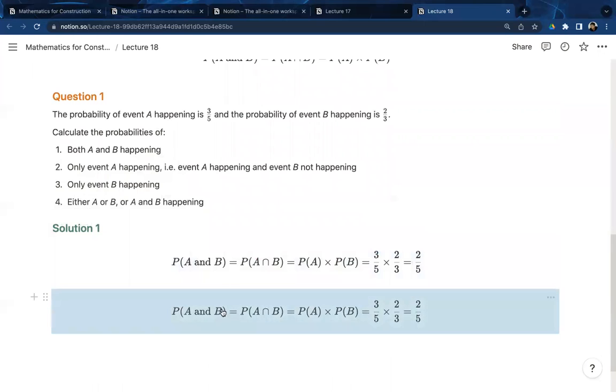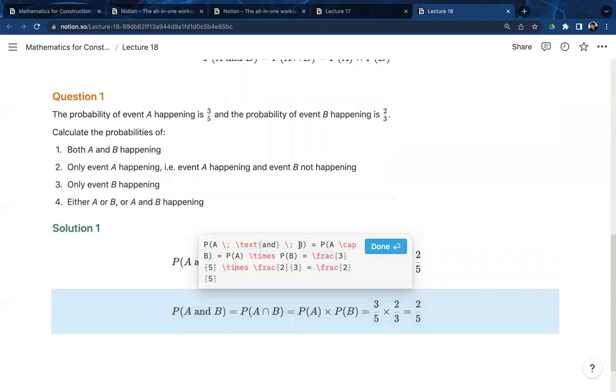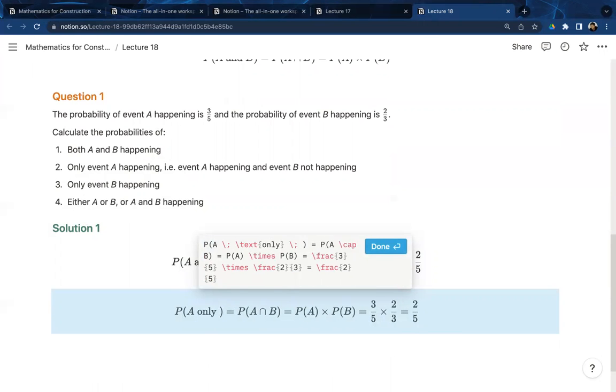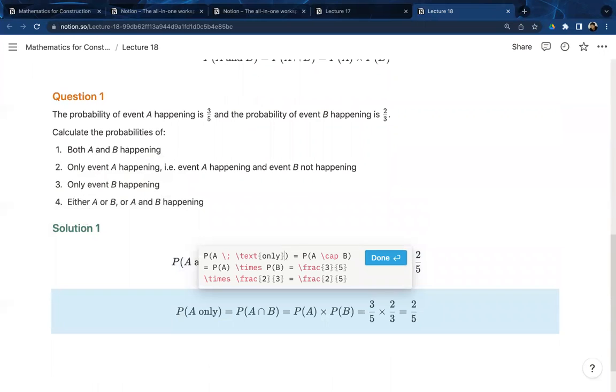This here could be A only, right? How many ways to do this? This is the probability of A minus the intersection. So this is 3/5 minus 2/5, which is 1/5.